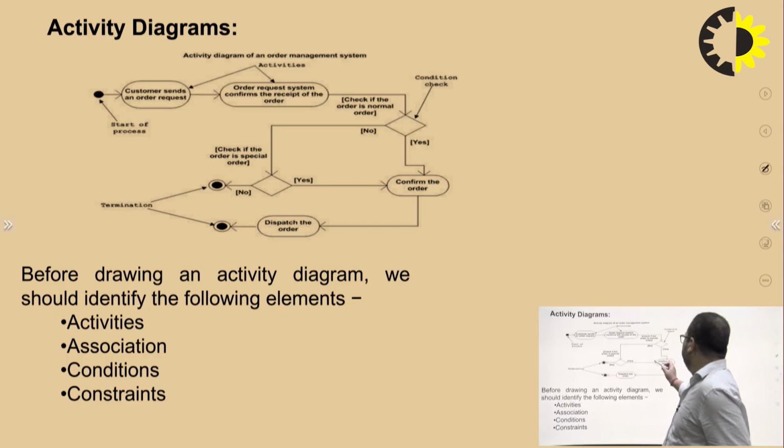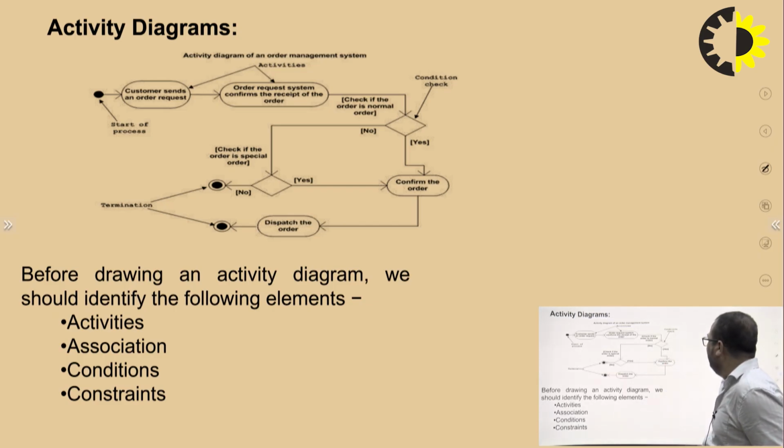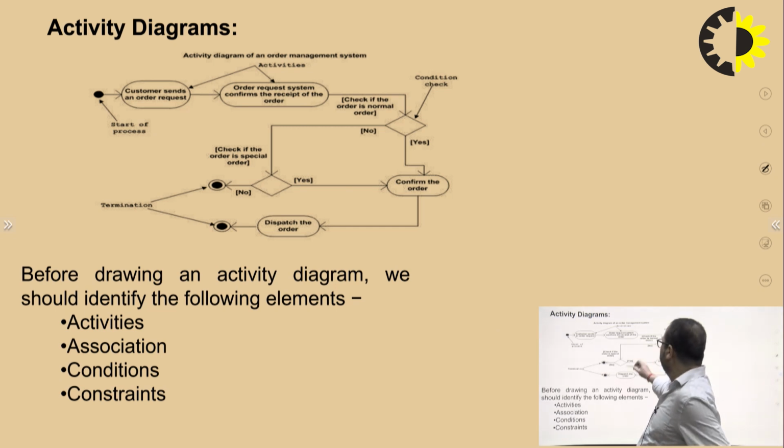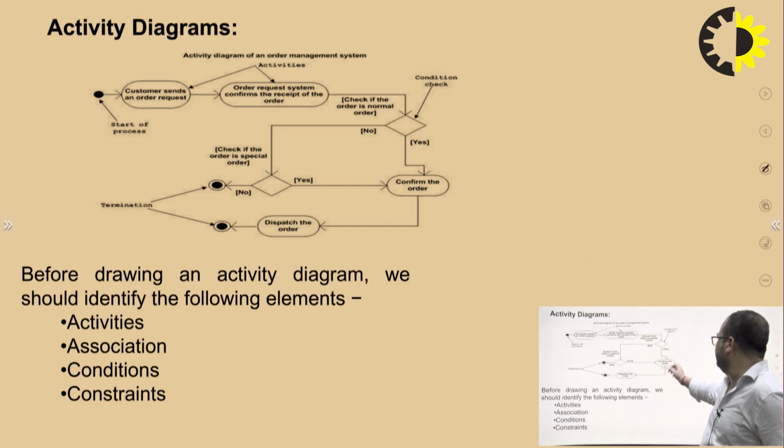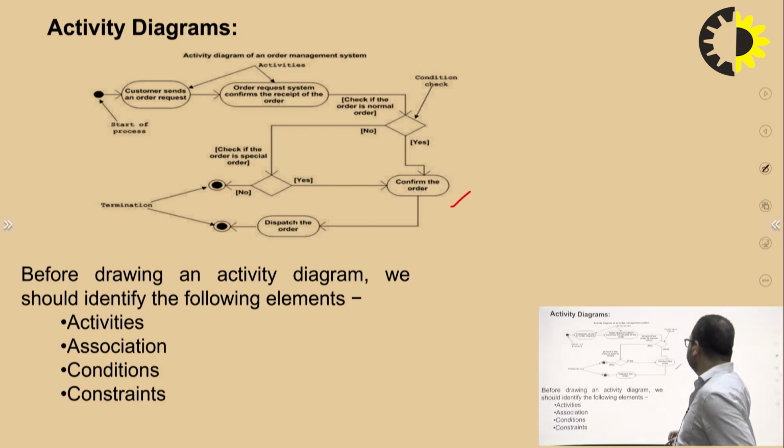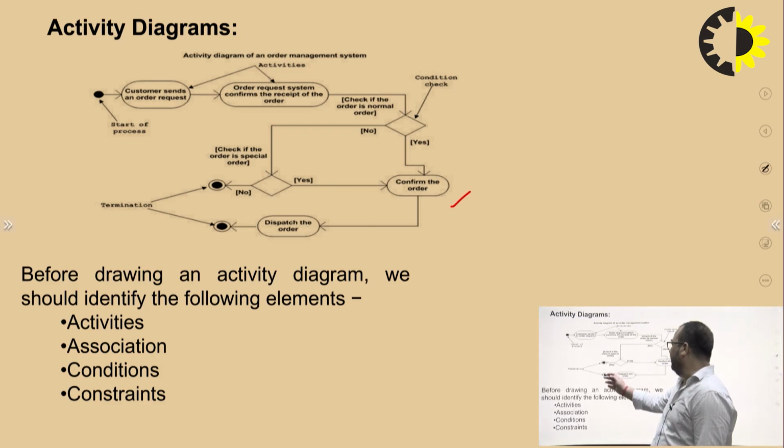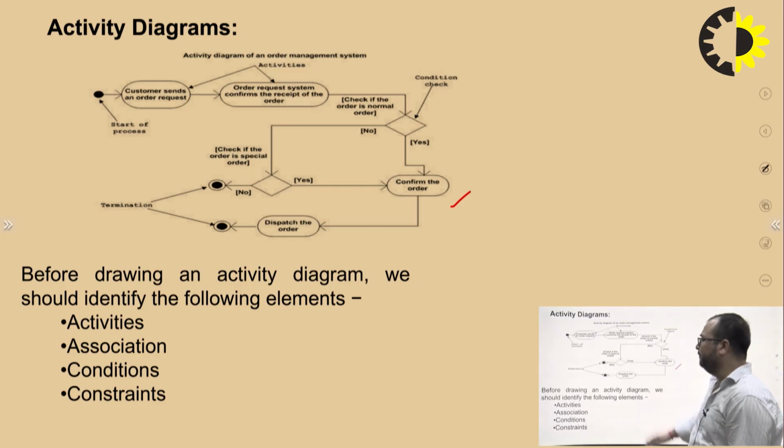If it is a normal order, yes, then confirm the order. If no, it is limited, so just confirm and dispatch the order. Once the order is confirmed, simply dispatch the order, then terminate. If not, we simply exit.